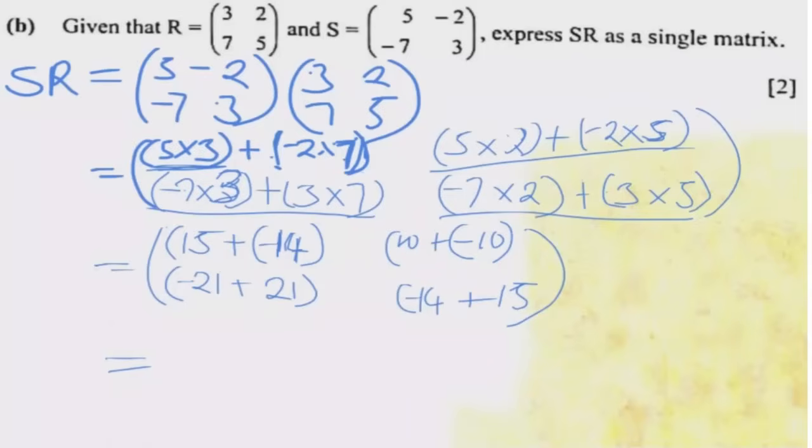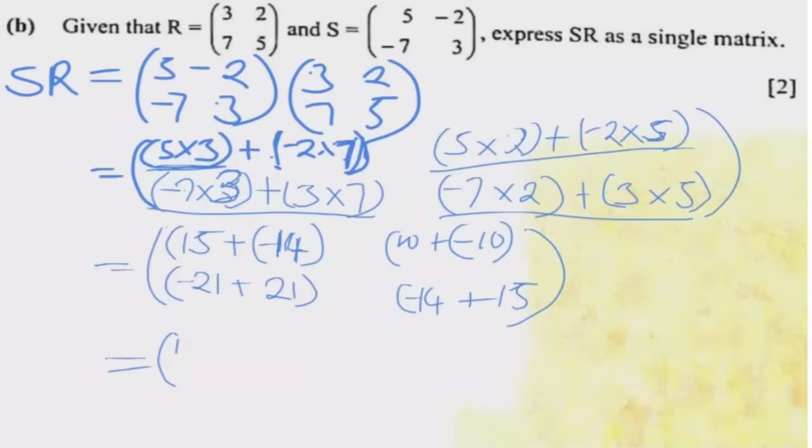So 15 plus negative 14 will give me 1. Let's look at this expression: we have 15, and positive times negative 14 will give me negative, so it's more or less like 15 minus 14, which will give me 1.